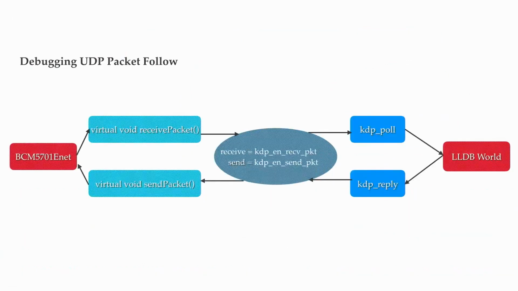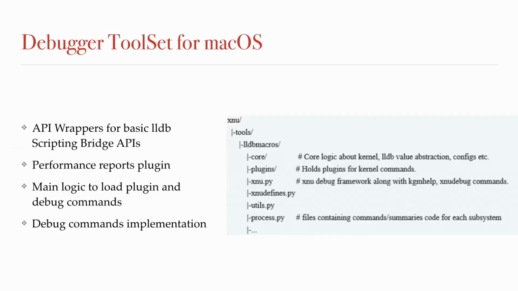And eventually, the debugger loop can connect the debugger world with the remote client. This is the UDP packet flow, which indicates the lldb world receives debug messages and sends the replies through the Ethernet extension. Here is the toolset from the KDK, mainly including API wrappers for the basic lldb scripting bridge APIs and the implementation for all the debug commands.